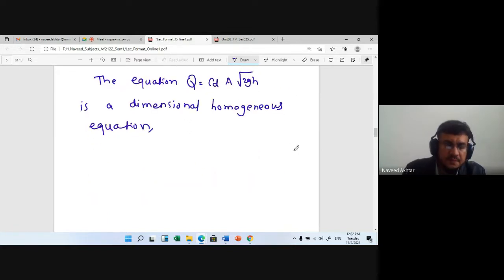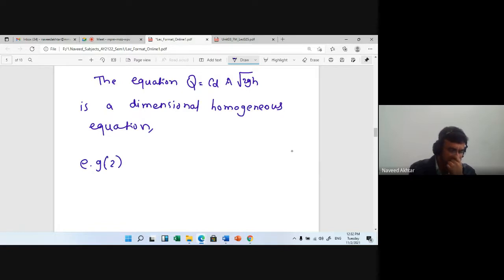If the left hand side of the equation and the right hand side of the equation have the same dimension, then we can say that equation is a dimensionally homogeneous equation. So above equation number 1 is nothing but a dimensionally homogeneous equation.